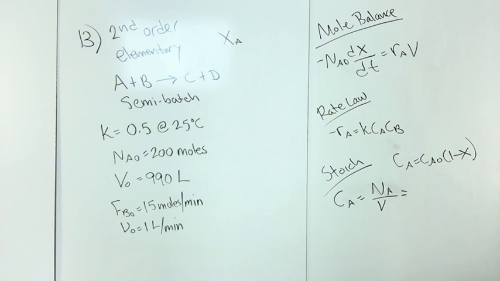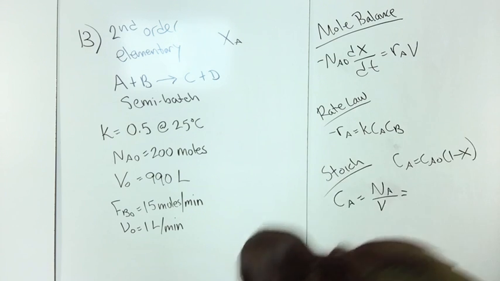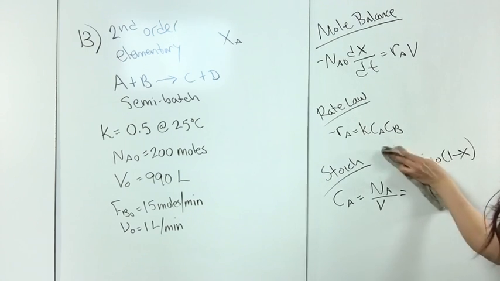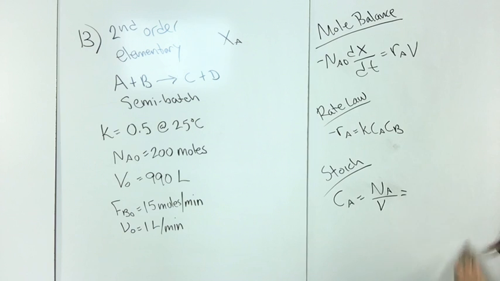Like if I just had a pure batch reactor, or a flow reactor where the volume isn't changing, then this is correct because you can just divide V through. But in this case, the volume is changing because we're adding fluid to the reactor. So if I had written that first one, it would have been wrong.